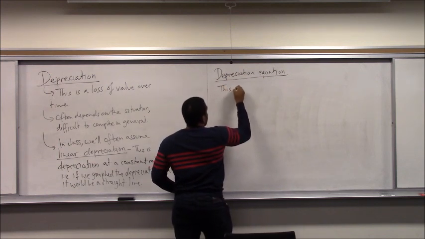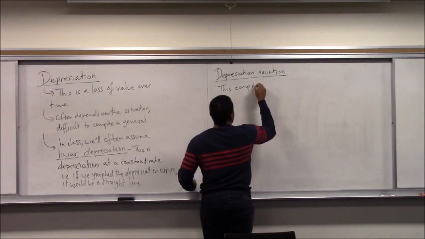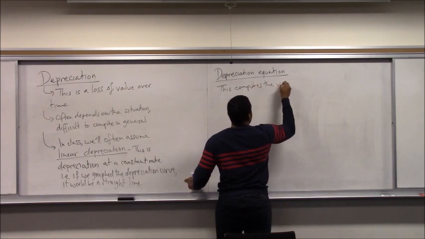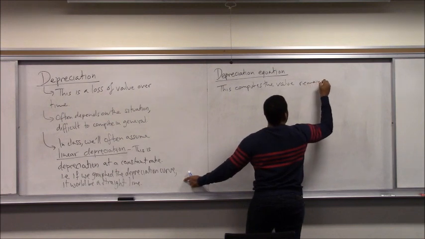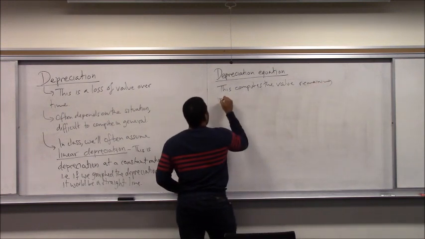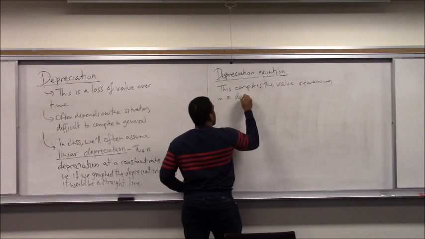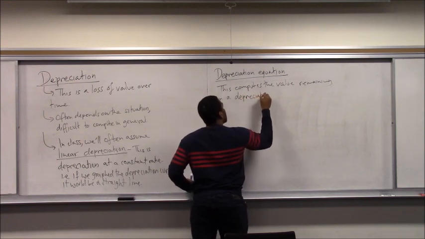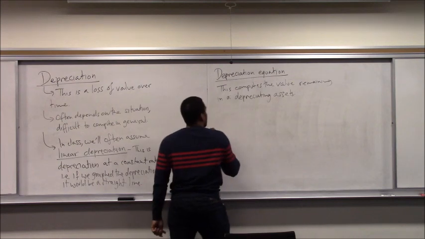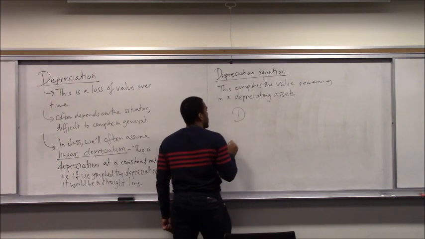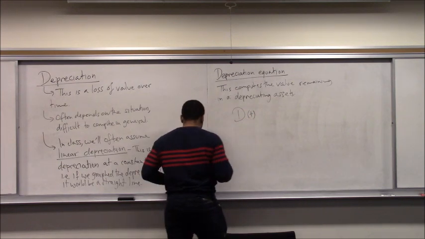This computes the money, the fair value remaining in a depreciating asset. And it is given by d of t. Usually our variable is time.